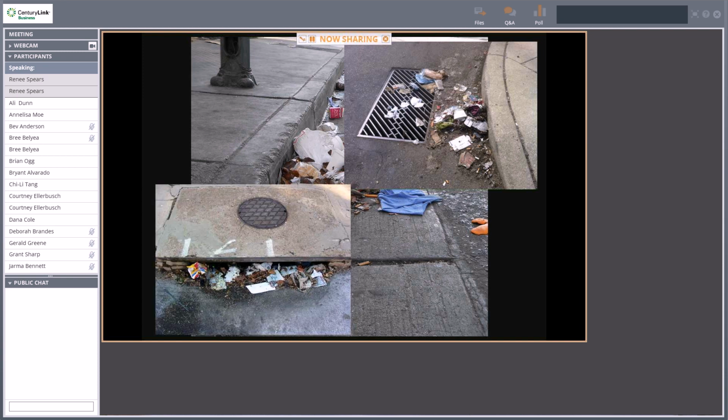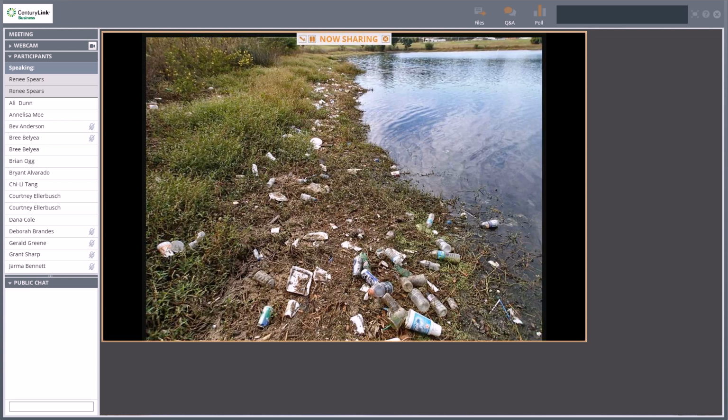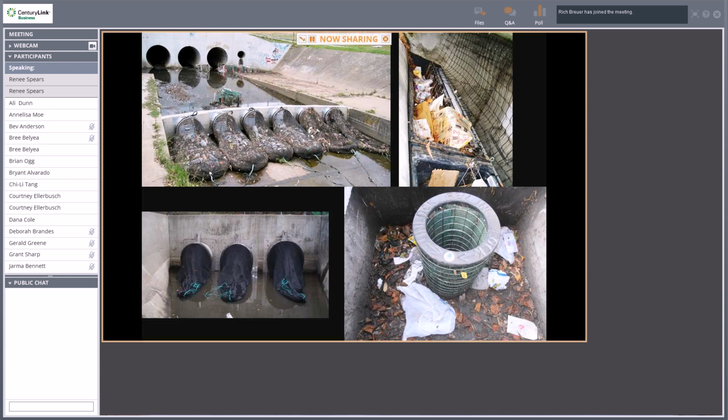As it travels through the storm drain system, it becomes increasingly more difficult to remove from the environment. So the idea is that if you can get it on the streets before it ever gets into the storm drain system, you'll prevent things like this from happening, where you have trash in a water body that's nearly impossible to remove. And that's really what the trash amendments are designed to do. They're designed to stop the trash from entering the storm drain system.